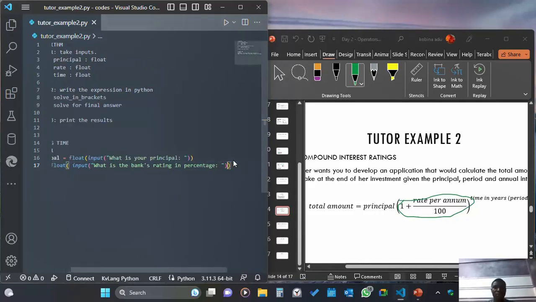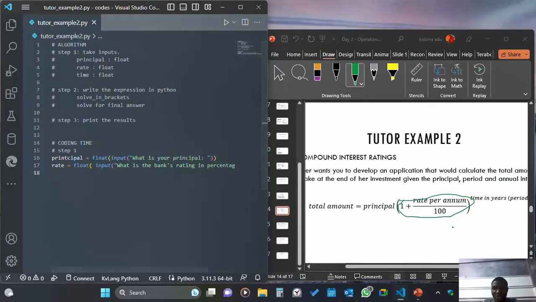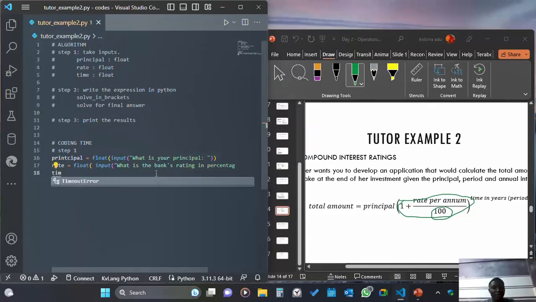Okay, so we don't want the person to input, instead of 80%, 0.8, which is the same, but because we are going to be dividing by 100, we need it in the full percentage so that we can convert it into decimal. Or you can ask the user to enter it directly as a decimal, and in that case it's just 1 plus the rate. Okay, then we have the time, or let's say period, is equal to float input.